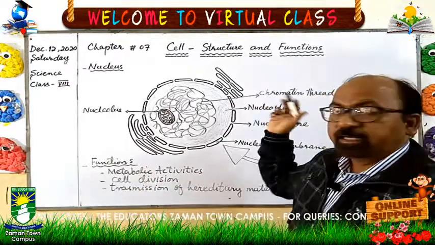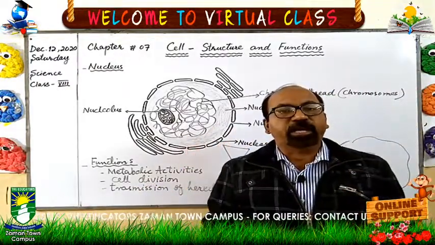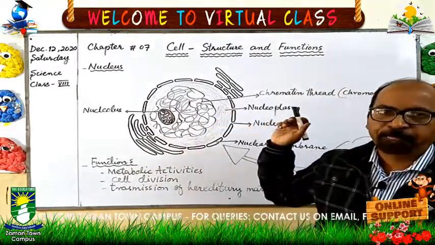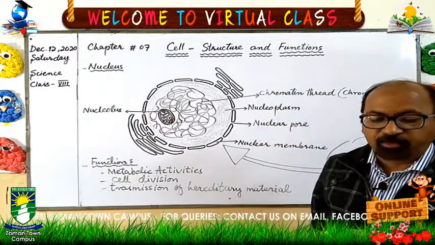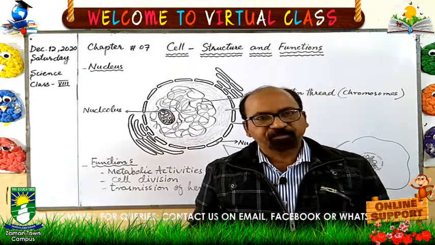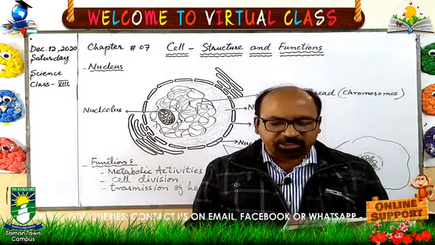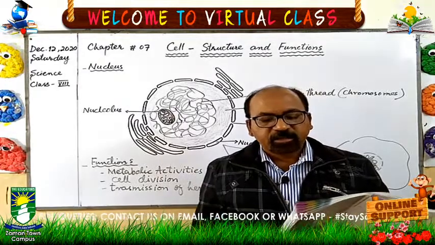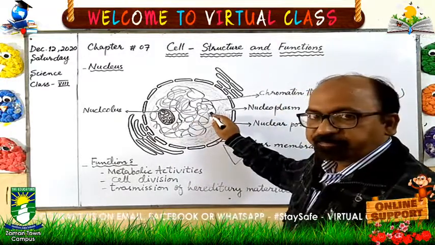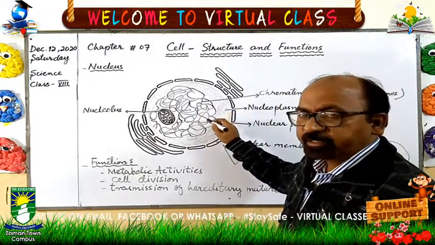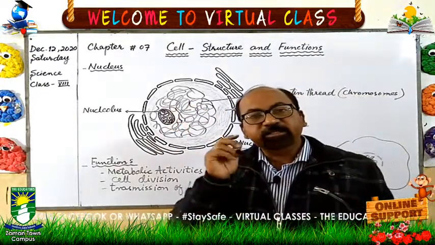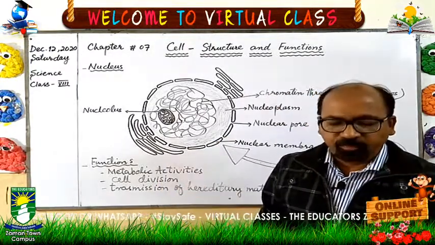Cells are divided into two categories on the basis of the nucleus. One is called prokaryotic cells and the other is called eukaryotic cells. So what is the difference between prokaryotic cells and eukaryotic cells? Prokaryotic cells have no nuclear membrane. The chromatin threads, the chromosomes are present, but the nuclear membrane is not present, and such cells are called prokaryotic cells.